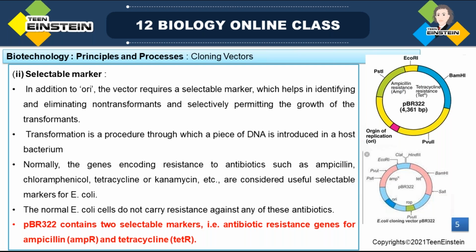It will produce resistance against that antibiotic. So only the ones which have that resistant gene can grow in that medium. The remaining ones which don't have the resistant gene may die or cannot survive in that medium because it has antibiotics.